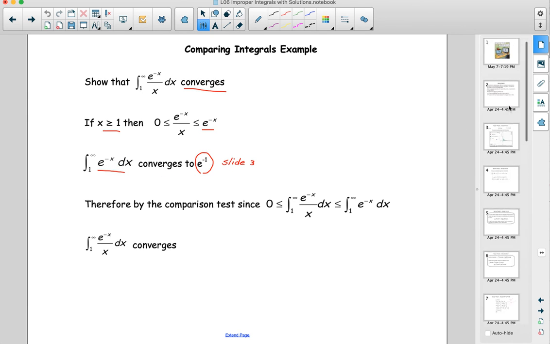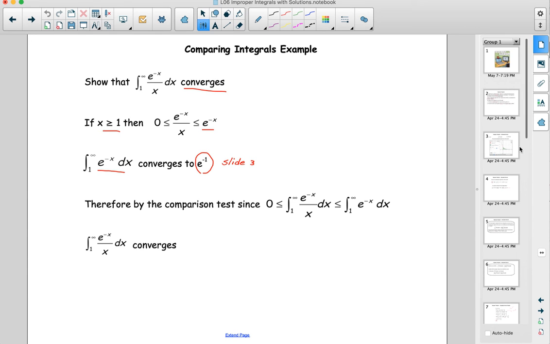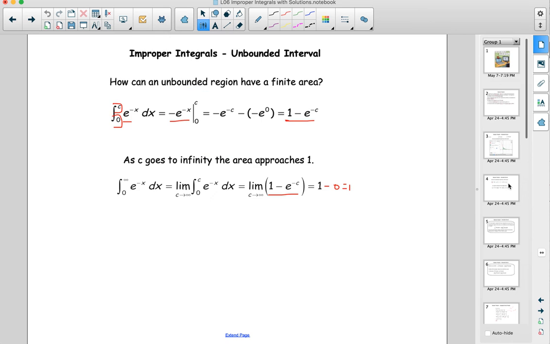And I'm just going to quickly take you back to slide 4. We were looking at the integral from 0 to c, but if we do the integral from 1 to c, changing this to a 1, the upper bound would still give negative e to the negative c.